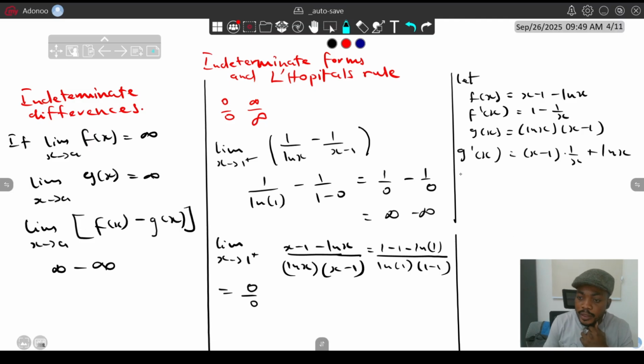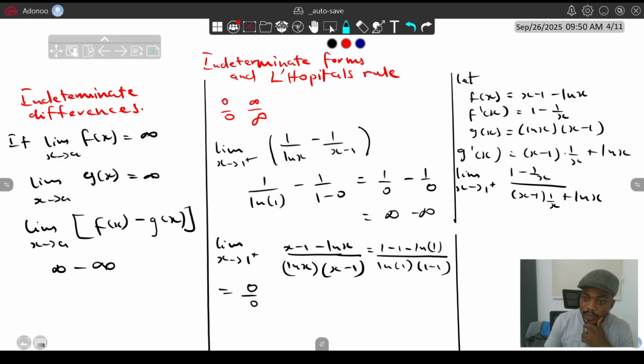So if we insert this into the function, we are going to have the limit as x approaches 1 from the left of 1 minus 1 over x all over x minus 1 times 1 over x plus ln x, right?